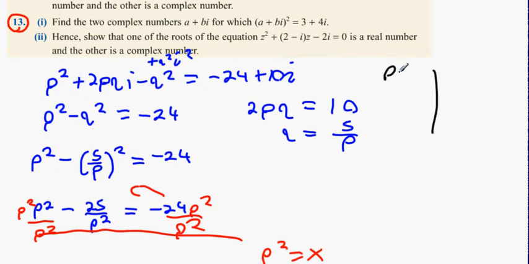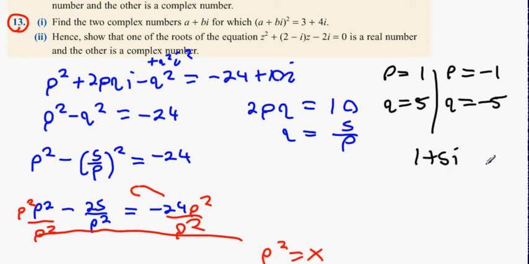So when p equals 1, q equals 5. When p equals minus 1, q equals minus 5. So what we have here is 1 plus 5i or minus 1 minus 5i. Notice that they're the plus or minus version of each other.